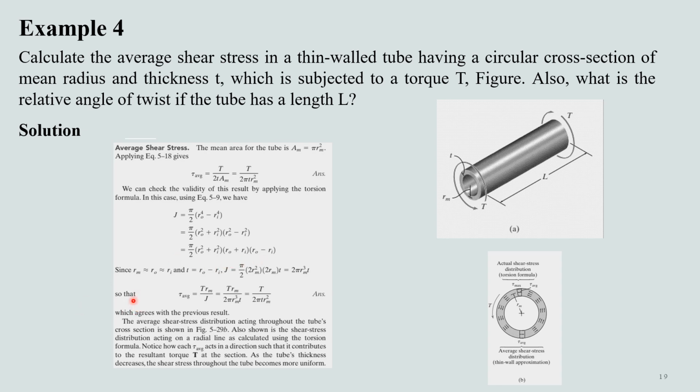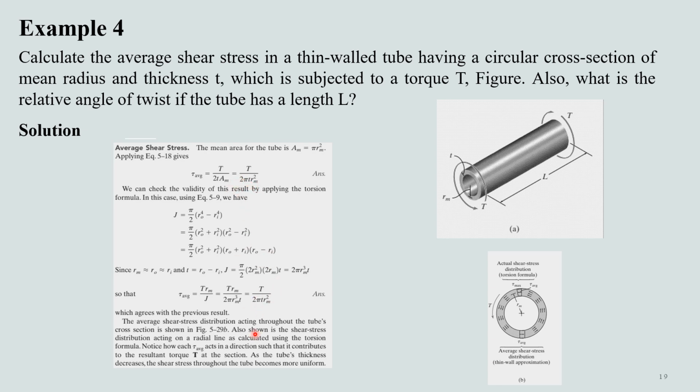Now, since rm is approximately equal to ro, which is approximately equal to ri, and the thickness is actually equal to ro minus ri, we come up with this equation for J, and by substituting that in the normal equation for the shear stress, we have come up with this result, which agrees with our original approximation.